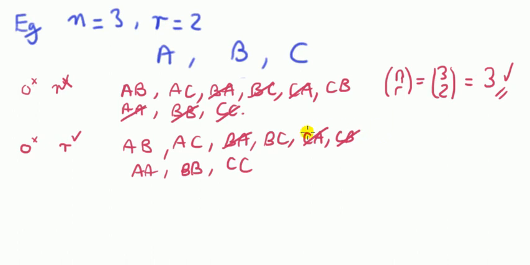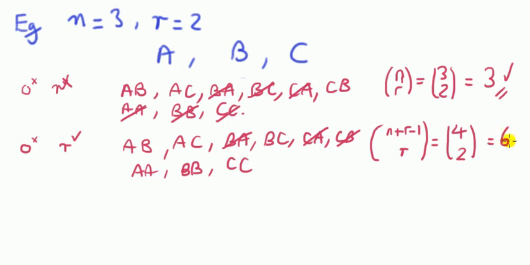6 ways. Now from the table of formulas from part 1 of the video, the formula here is n plus r minus 1 choose r, which in this case is 4 choose 2, because n is 3 and r is 2, so 3 plus 2 minus 1 is 4.